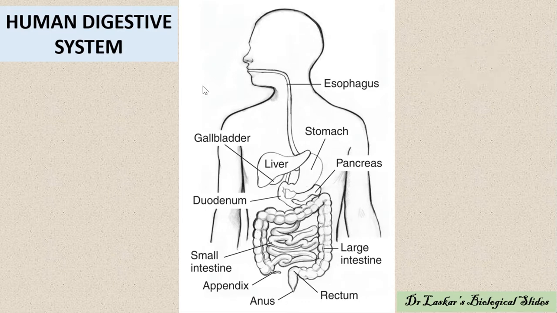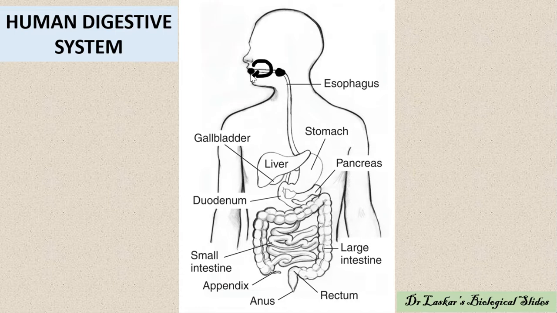First the mouth, number two the vestibule, then the oral cavity, also called the buccal cavity, and then the pharynx.